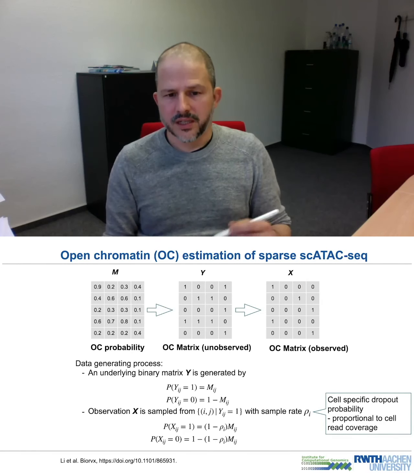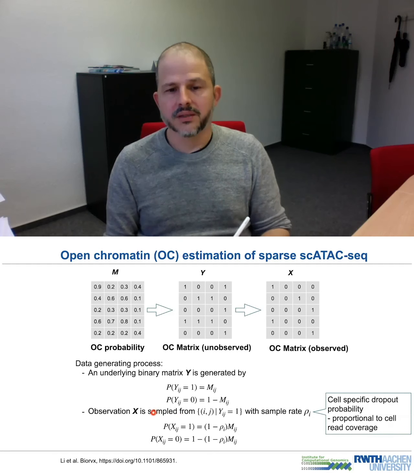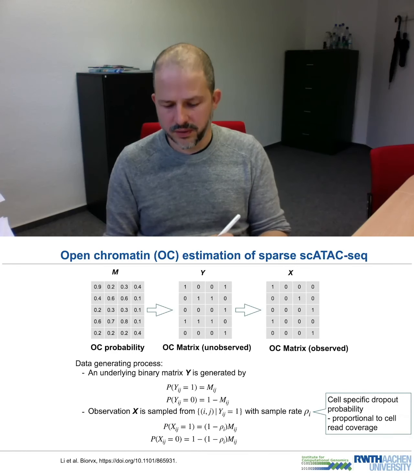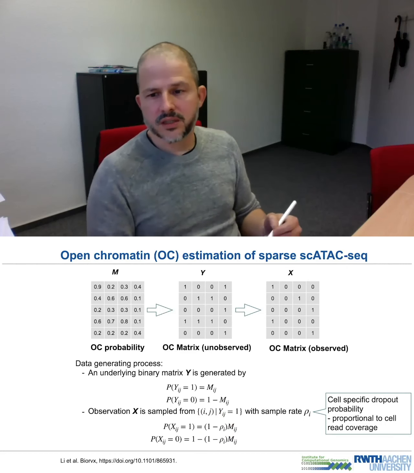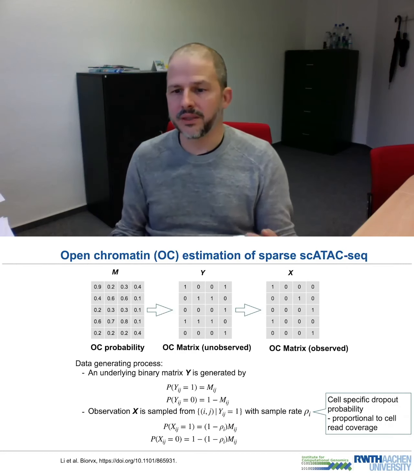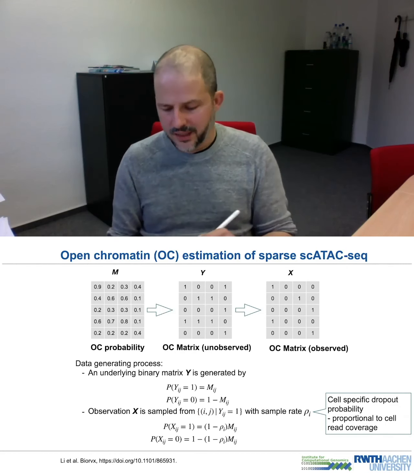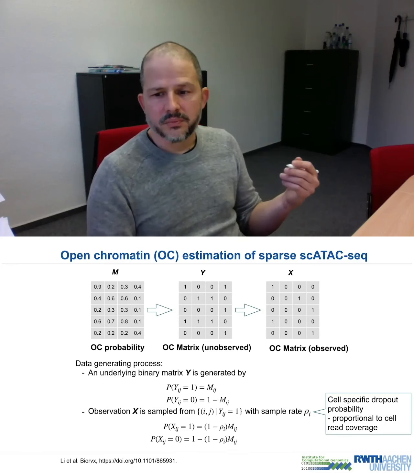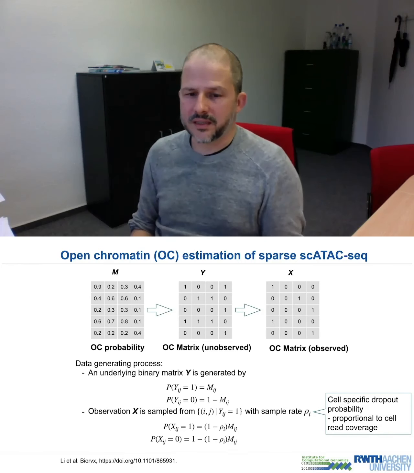So what we do now is we try to estimate the probability on this observed matrix X. And to account for the dropouts, we put a term here, which the higher it is, the higher the probability of a dropout. And we encode this term in a way such that it's cell-specific and should also be proportional to the read coverage in that cell.